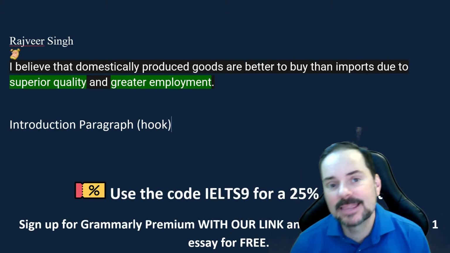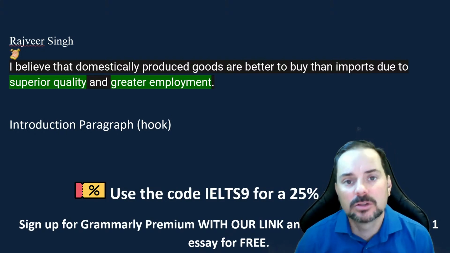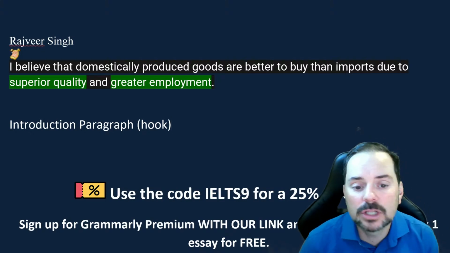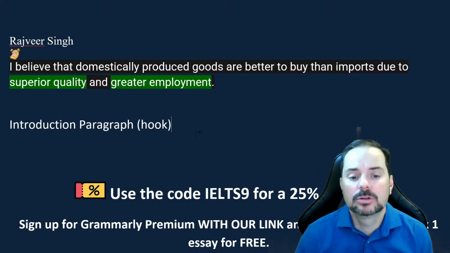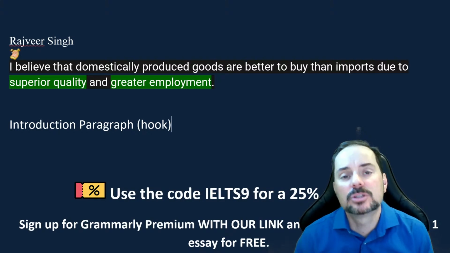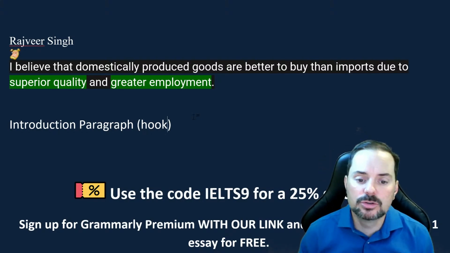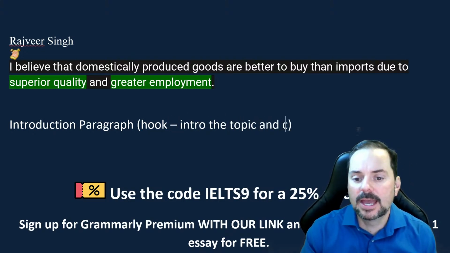I'm not just saying that. Examiners who have marked lots of essays will tell you that their high band essays usually have a hook, because good writing usually has a hook. Good writing introduces the topic and captures the audience with a hook. So introduce the topic and capture the audience.